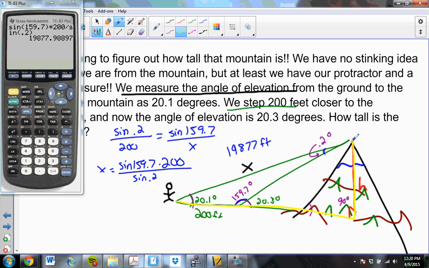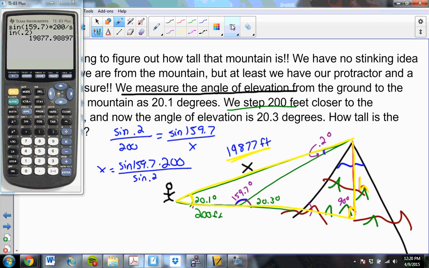Now I can think about this big triangle here. And me drawing my picture of my mountain probably made all this harder to see, but whatever. Now I've got this big triangle here, that yellow triangle. I have an angle here and a side here, so I want to find this side H, knowing that I have a right triangle. So now I can use regular trig. I'm working with the opposite and the hypotenuse, so I'm doing sine.